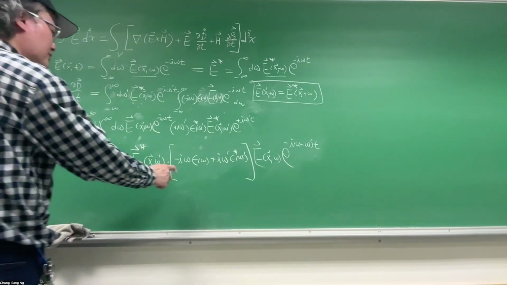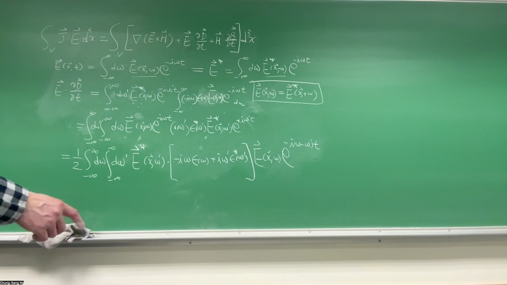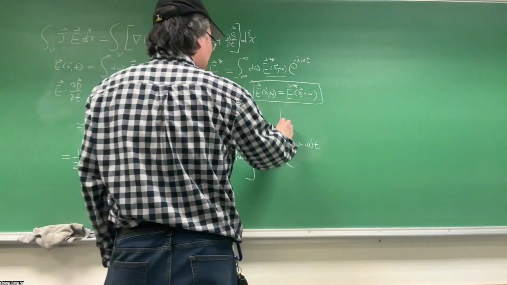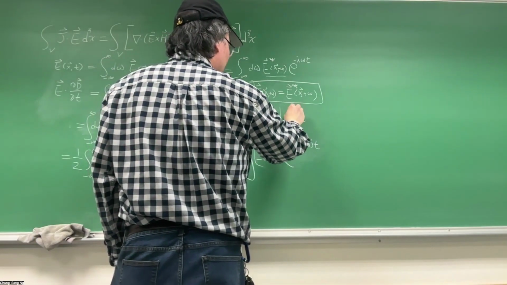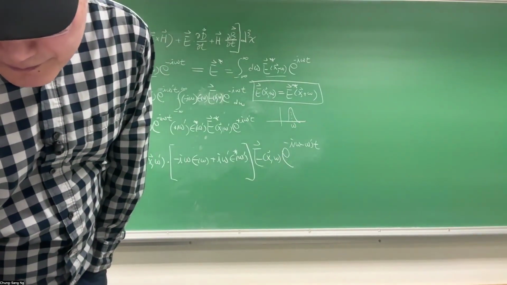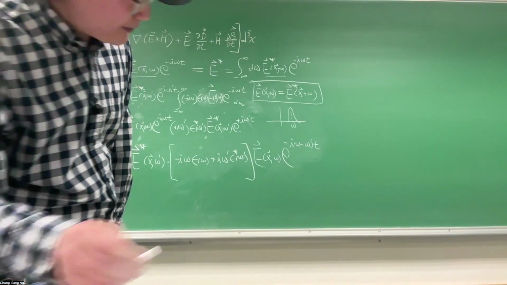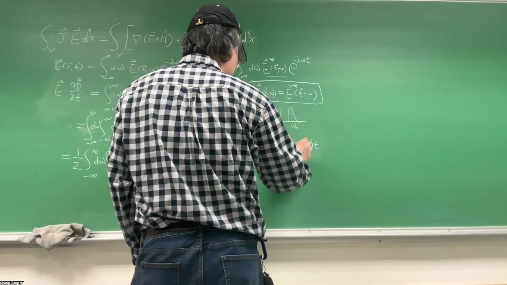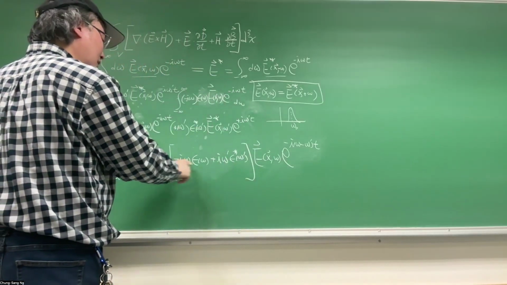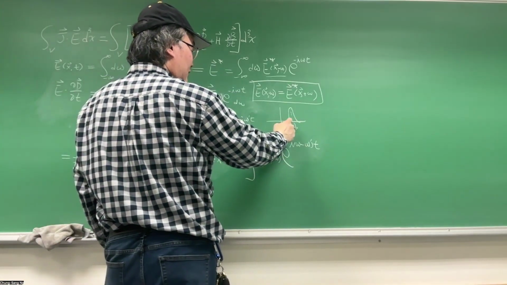Now the crucial approximation is that, just like what we drew in the diagram, the spectrum is mostly single frequency. So I think it's called omega sub 0. But in this integral, it depends on omega and omega prime, but they will be 0 if they are not within this range.